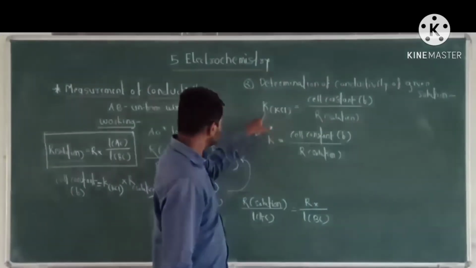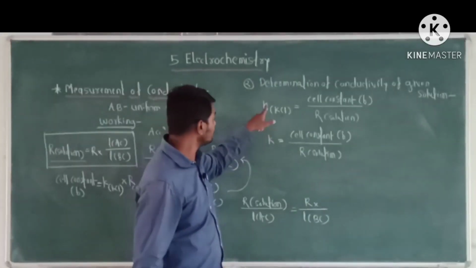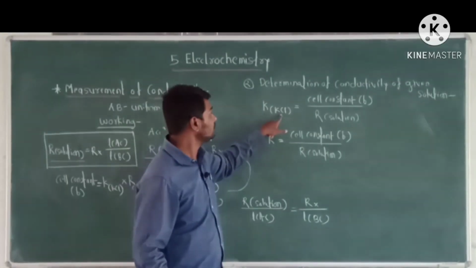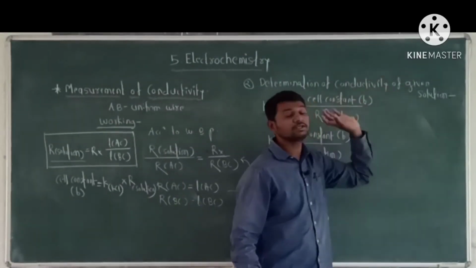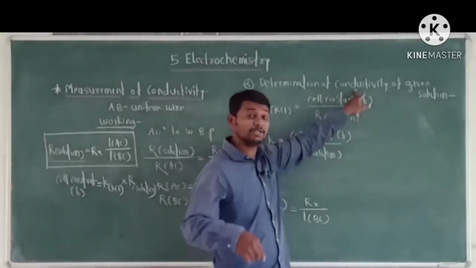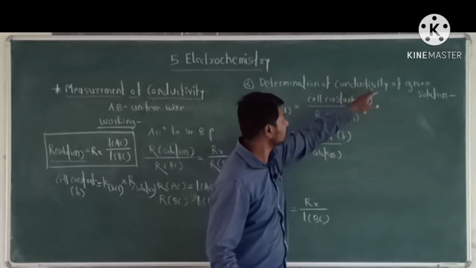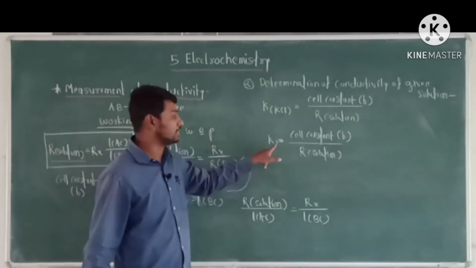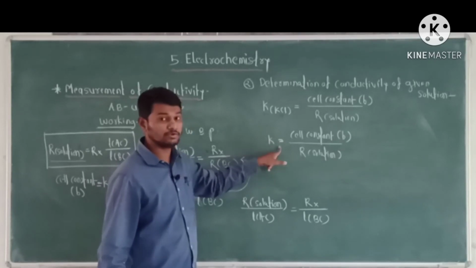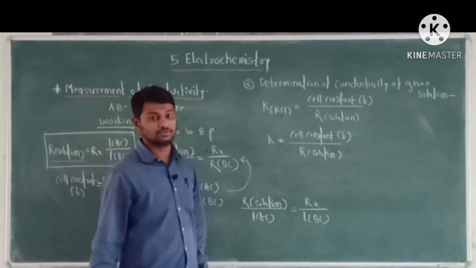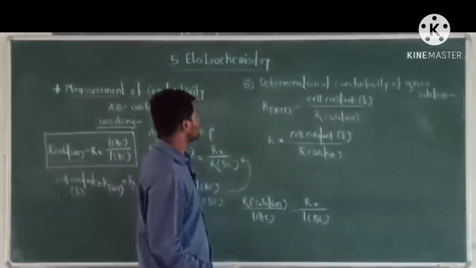This conductivity of KCl solution is replaced by the conductivity of the given solution. After the replacement, the conductivity of the given solution is equal to cell constant divided by resistance of solution.